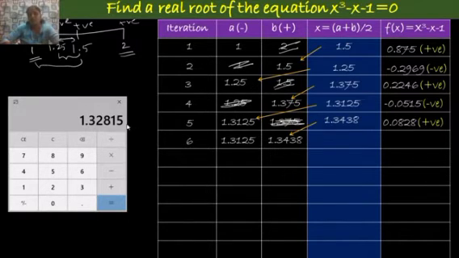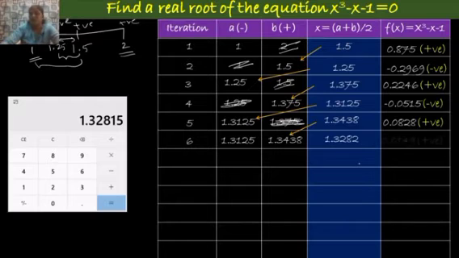Since in the fifth decimal you have 5, add 1 to the previous decimal. So 1.3282 is the value of x. Calculating the value of f of x at this point, you get 0.0149, which is a positive value.